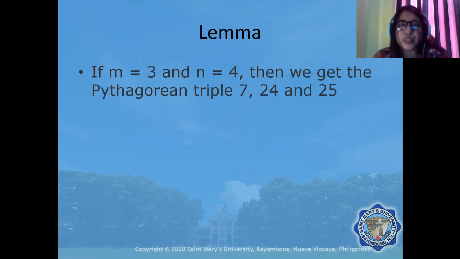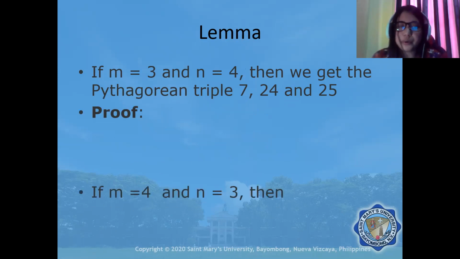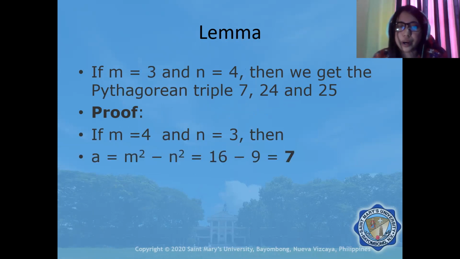And then for the lemma, if m is equal to 4 and n is equal to 3, then we get a Pythagorean triple of 7, 24, and 25. The proof is simply substitution of the values into our A, B, and C. For A, m squared minus n squared, 4 times 4 minus 3 times 3, or 4 squared minus 3 squared, is equal to 7.